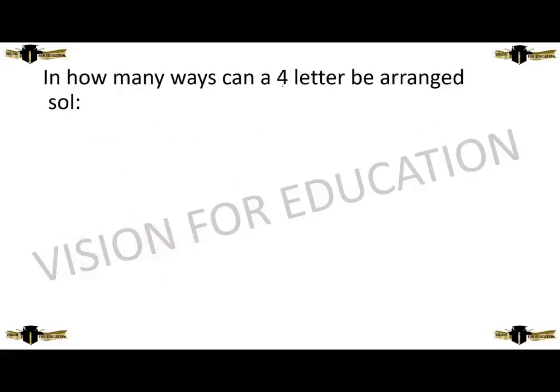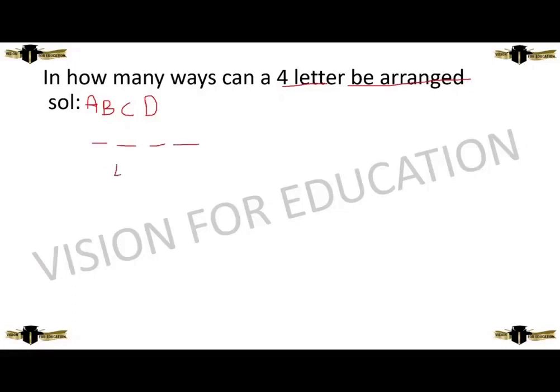Coming to the second example, in how many ways can 4 letters be arranged? Let us consider A, B, C, D be the 4 letters. I am providing 4 spaces for the 4 letters.